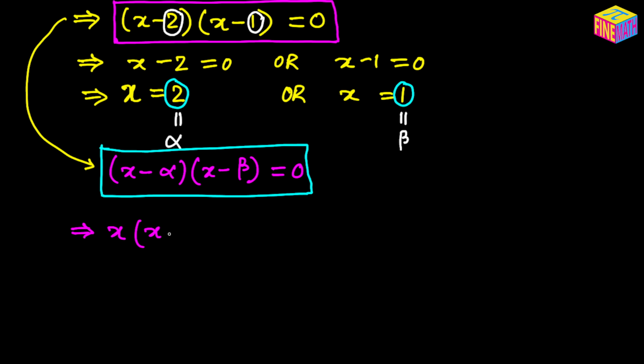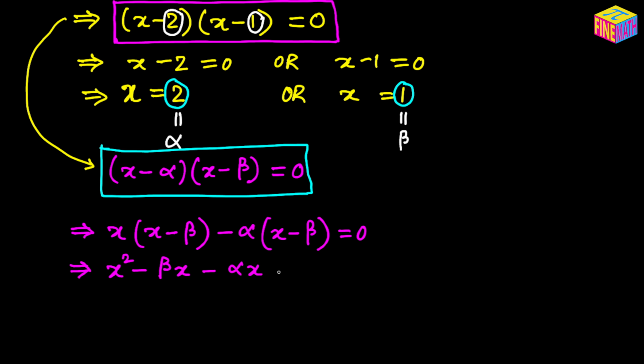So x multiplied by x minus beta, then negative alpha multiplied by x minus beta, right? That's equal to 0. From here again let's remove the parenthesis, so it will be x squared minus beta x, then minus alpha x plus alpha beta. See that? That's equal to 0. So from here, can we take negative x common here?